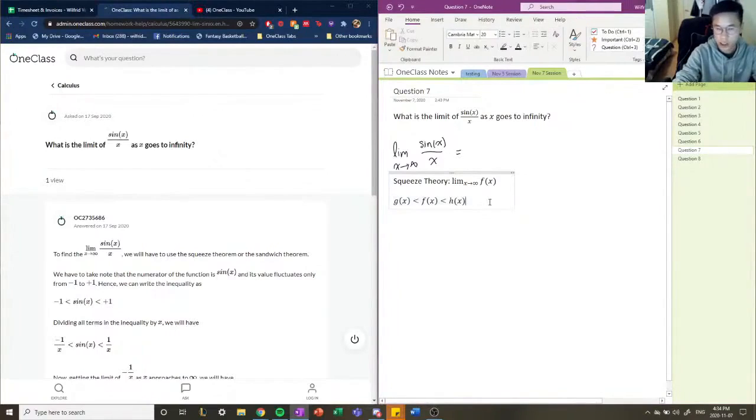As I explain further, you guys are not just going to need to guess these functions. There's a way to find these kinds of functions.